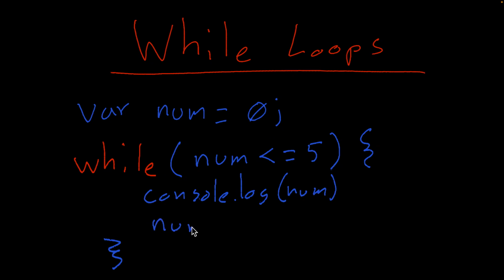So we'll say num plus plus. Let's just write some semicolons here, just so we know these are separate lines. All right, so let's go ahead and T-diagram this. Our console, and I'll move our T-diagram here.